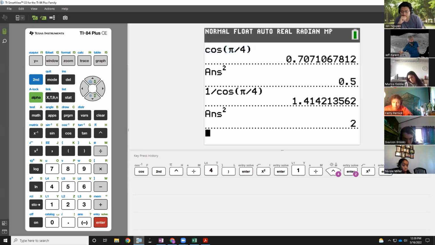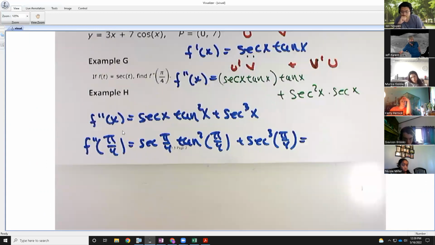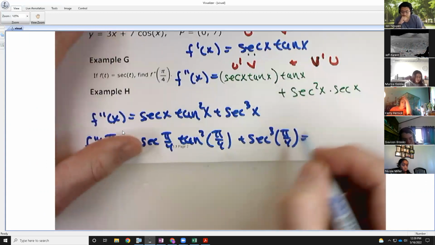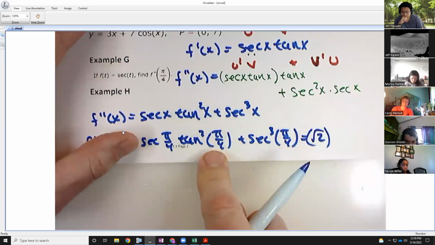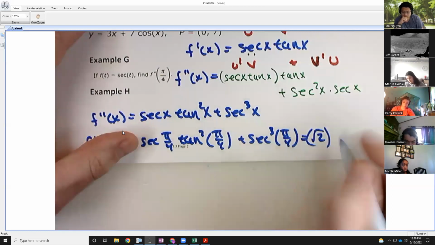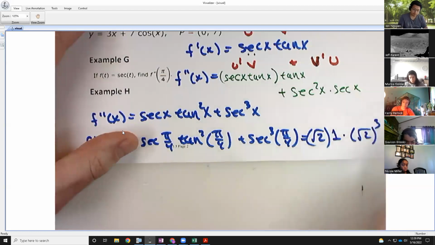So coming back over to here, let's fill in a couple things. That's going to be square root of 2. Tangent of pi over 4 is going to be 1. And that's going to be square root of 2 cubed here.